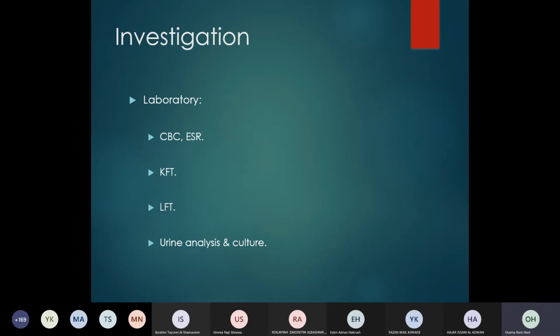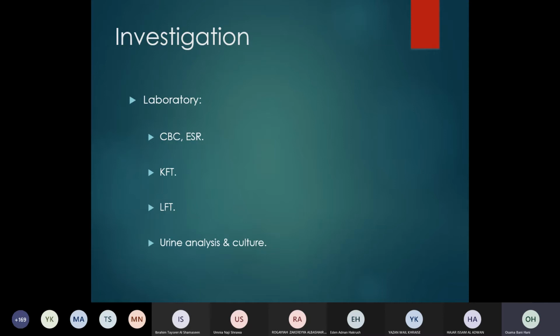Kidney function test, looking for renal impairment or even abnormality in the electrolytes, sodium and potassium. Liver function test, as we said, Stauffer syndrome, evaluating the liver enzymes to rule out any liver dysfunction or any liver mets. The last one, which is the most important one, is urine analysis and urine culture.